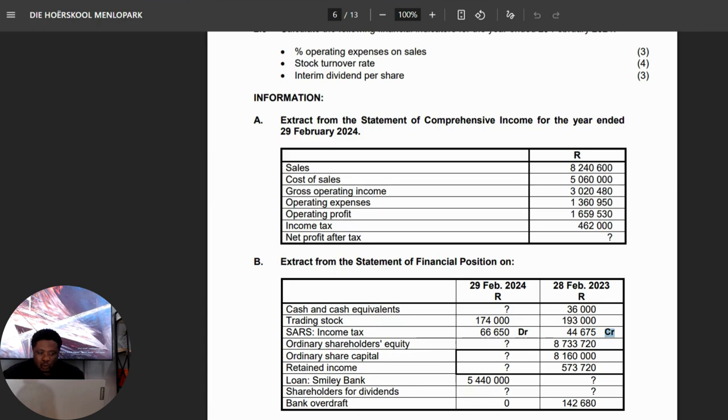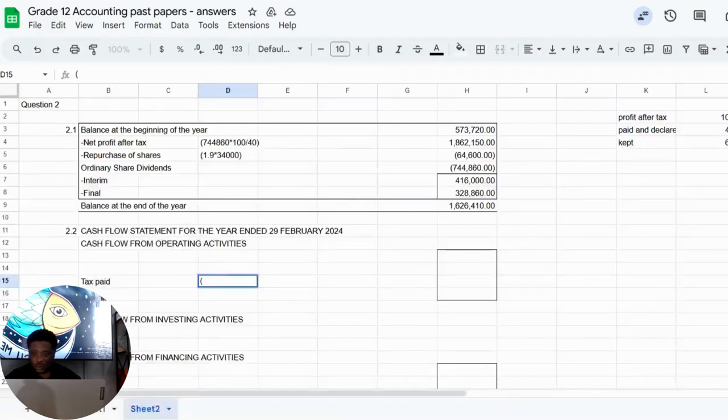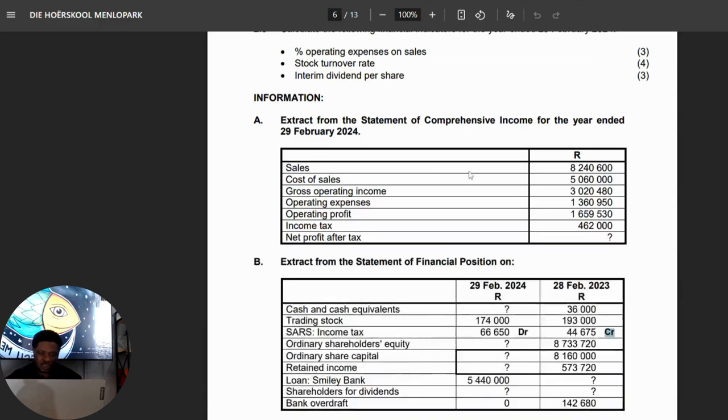So whatever amount you owe SARS at the end of the previous year, you would pay it in the current year. Before you pay any other taxes, you pay that balance. So then the first outflow that we're going to talk about is the 44,675. So I'm going to put this as a minus because it's paid out. So I'm going to say 44,675.